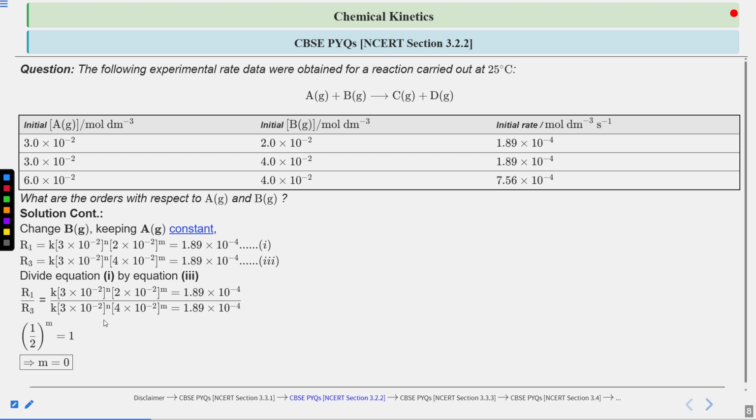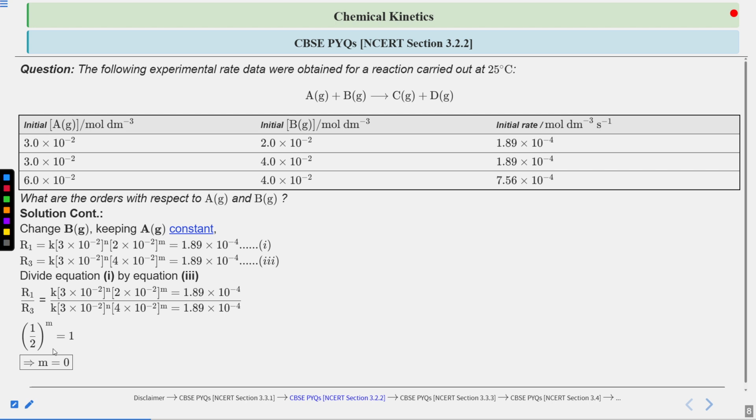How will it become 1? If something has power 0, the value of the whole thing is equal to 1. So 2 to the power something will never be 1, except in one case, when the power is 0, that means 2 to the power 0 is equal to 1, and 1 to the power anything is equal to 1.